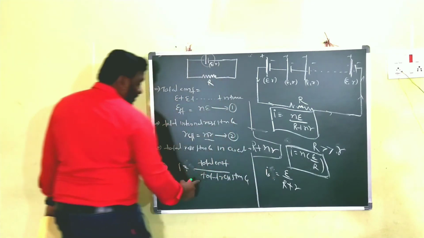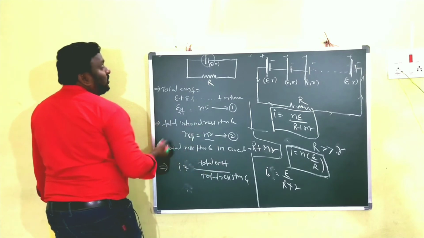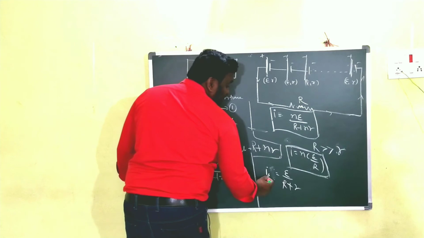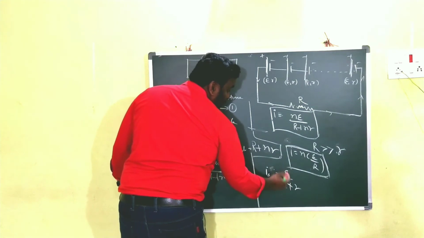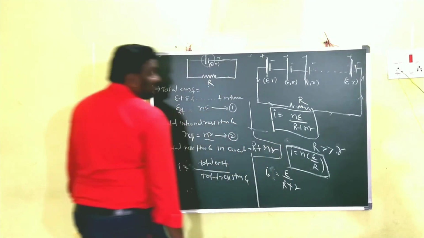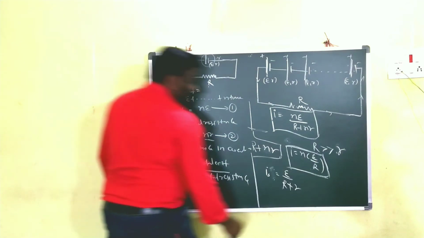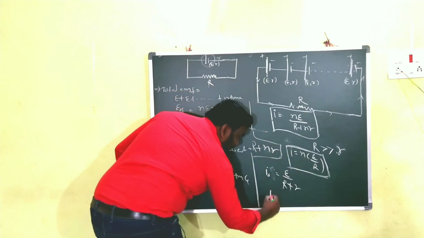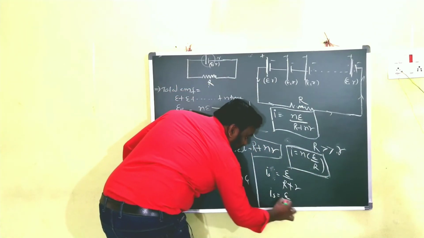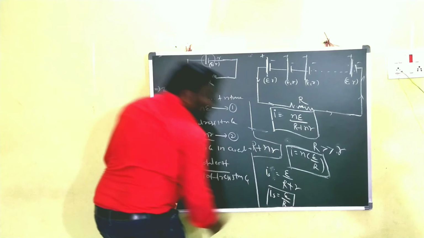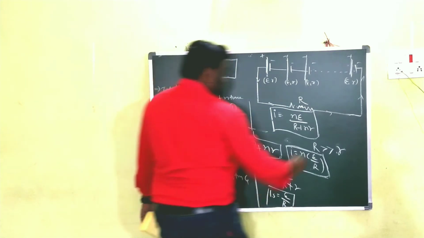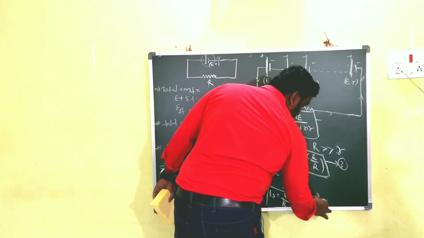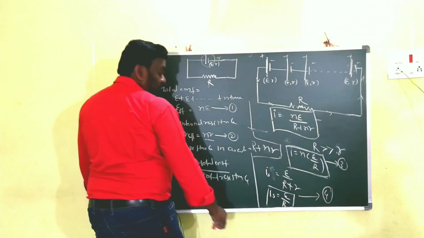IS is equals to epsilon by the total resistance. Here small r is there, and here capital R is there. Then IS is equals to epsilon by R plus r. Then, children, again R is so much greater than r. Then IS is equals to epsilon by R. So this is equation number 3, and this is equation number 4.